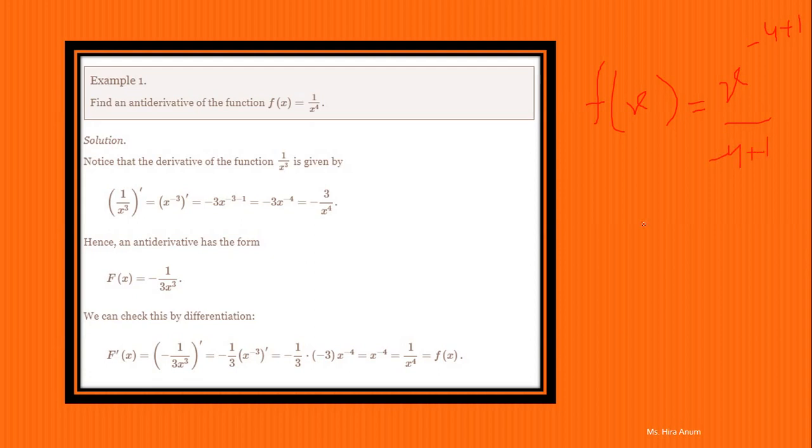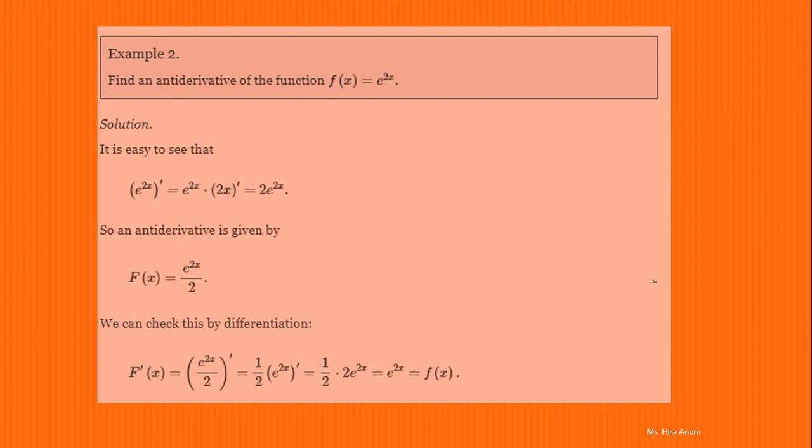We are using the power rule, so it becomes x^(-3) over minus 3. Our answer is minus 1 over 3 x^3. This is the main point you have to do in the antiderivative. The derivative check is only to justify the integration. This whole procedure is for the integration.